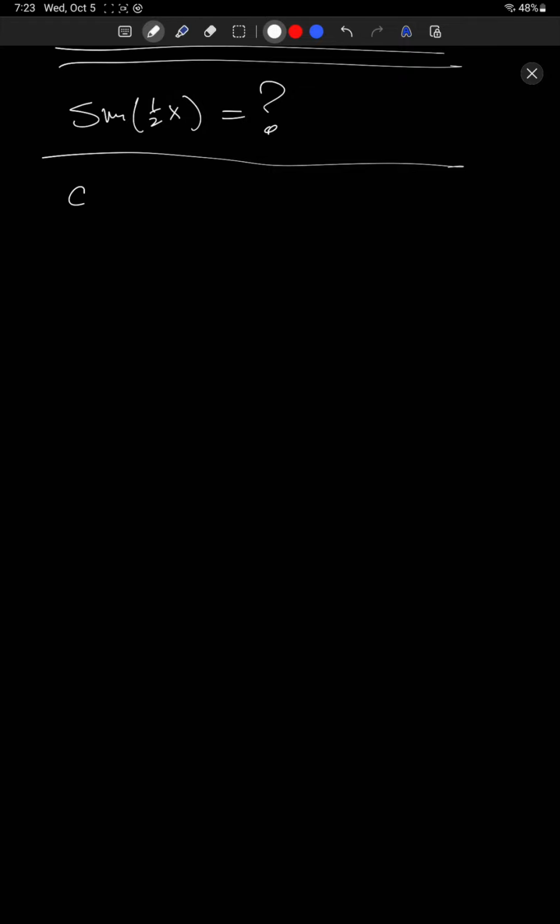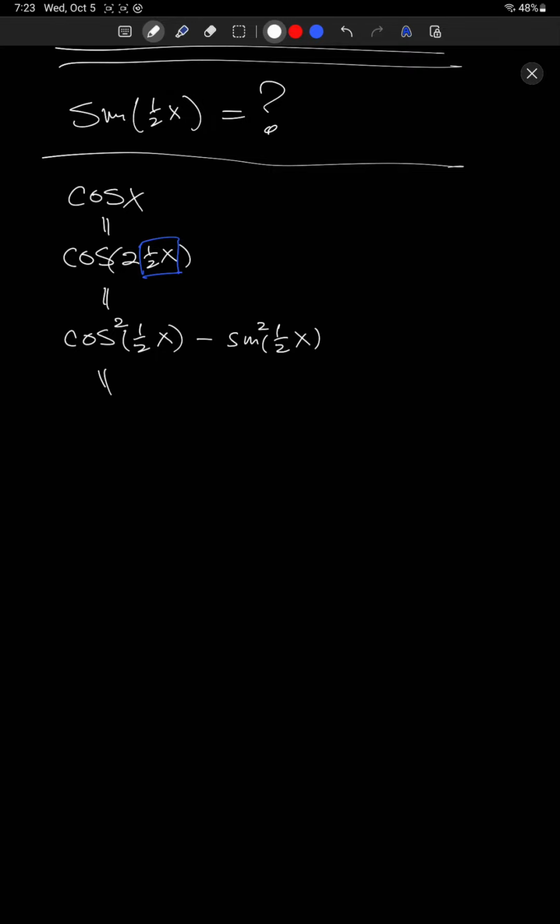We're going to start with cosine x, and again, literally the same step. This is cosine 2 times 1/2 x, right? And this is cosine of a double angle, so 2 times that guy right there. So this is cosine squared of 1/2 x minus sine squared of 1/2 x.